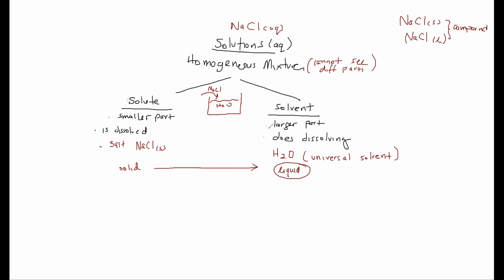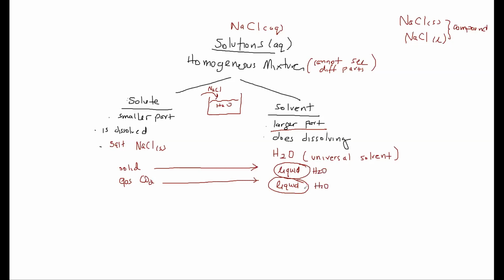Why? Because the solvent, the larger part, determines the phase of the solution. How about if I have a gas, for example carbon dioxide gas, into liquid water? Again, that is going to be liquid.